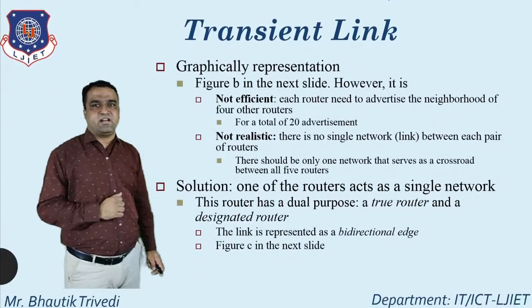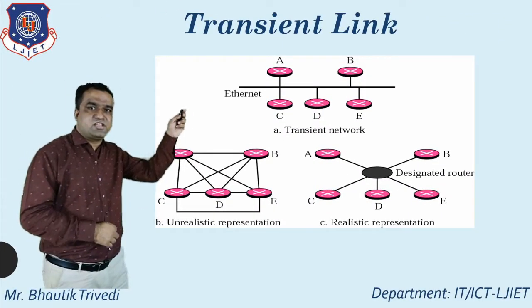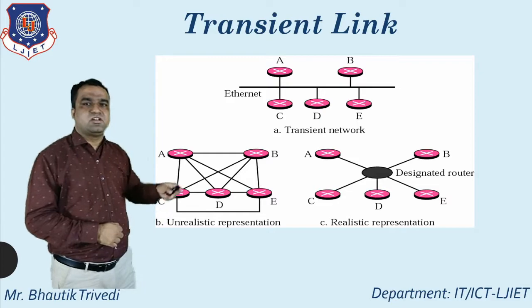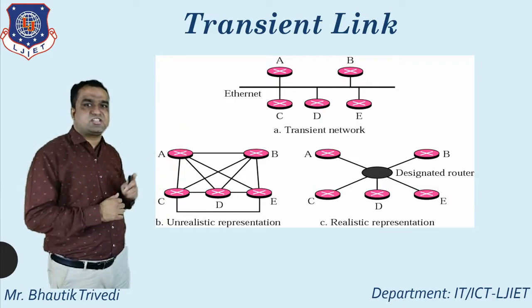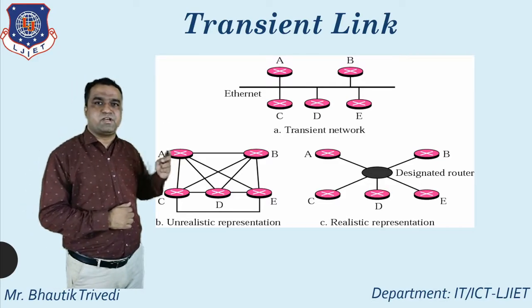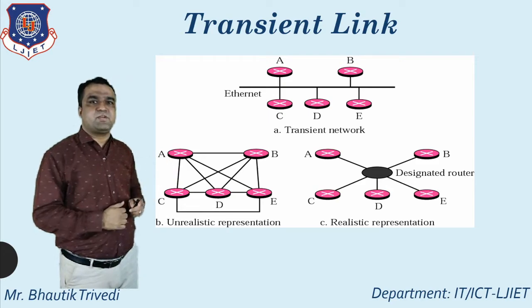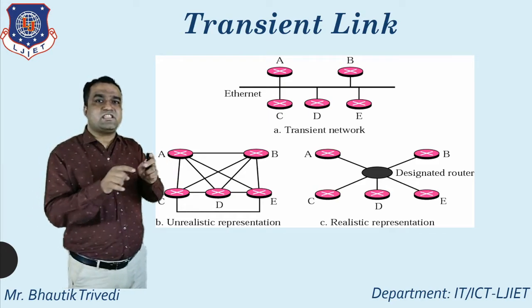So here you just see the diagram. Transient link, you just see the diagram. This is the diagram for that transient network. Here you just see two representations, realistic representation and unrealistic representation. What is the difference between them? Realistic representation means one designated router is connected to each and every router.